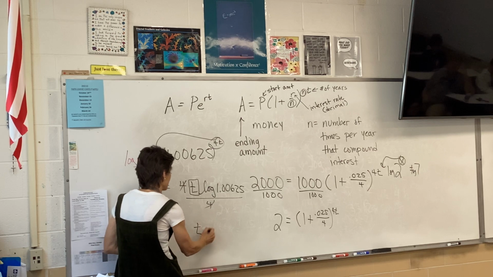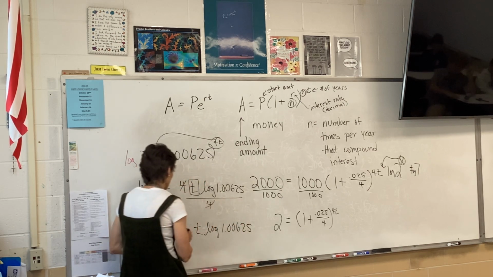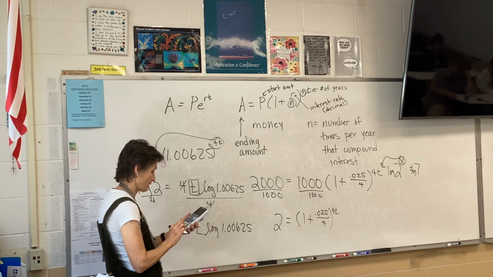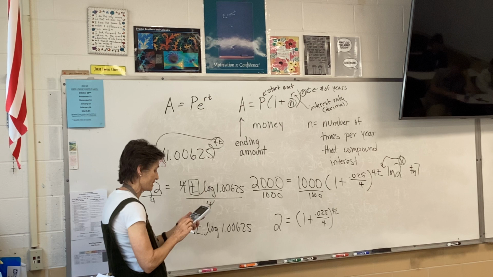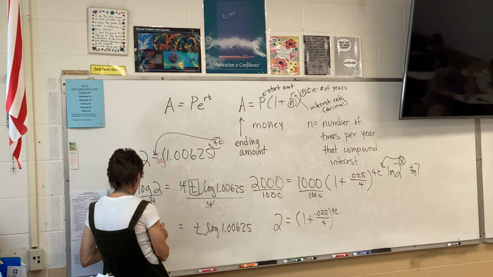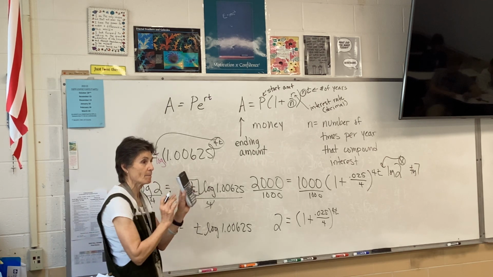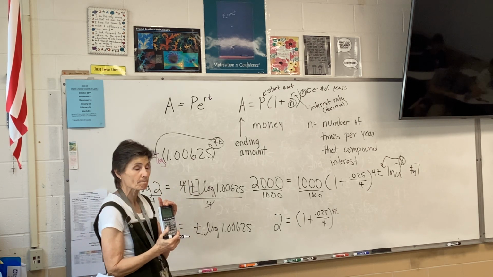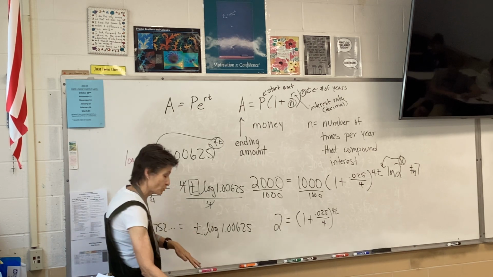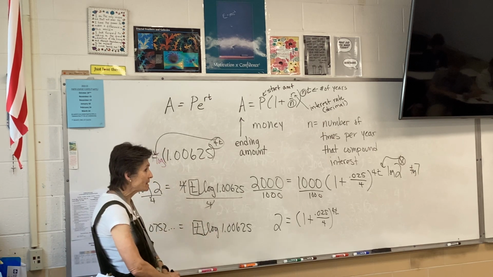So now we have t log 1.00625 equal to the log of 2, log 2, close parentheses, divided by 4. So 0.0752, a whole bunch there. But that's what's on my calculator now. Are you with me? So now we have this. We're trying to get this by itself. So what do we need to do now?